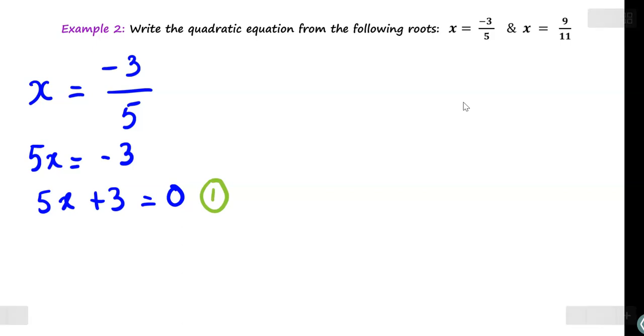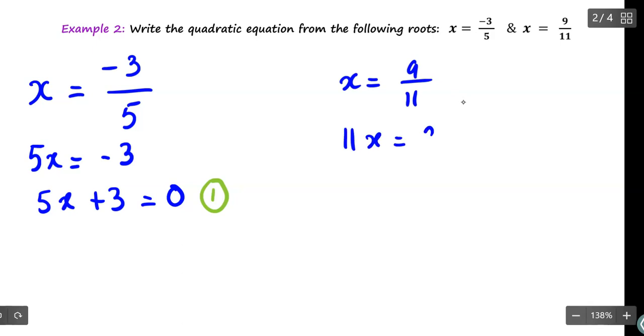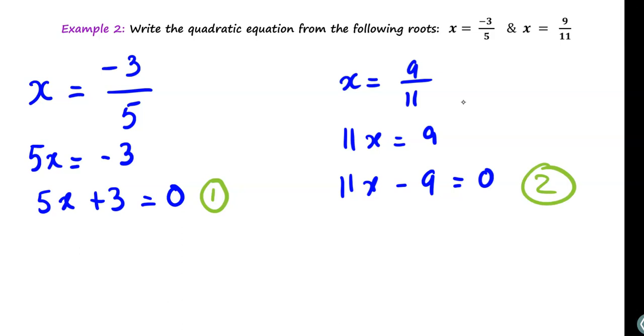You do the same thing for this solution. x equals 9 over 11. So you have 11 times x equal to 9, so you have 11x subtract 9 equal to 0. You turn this into equation number 2, and both sides of this equation are equal to 0.